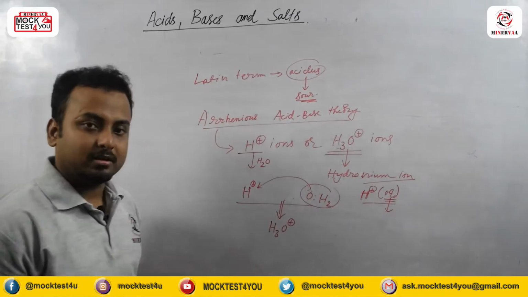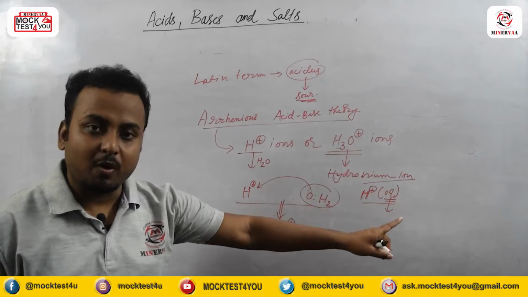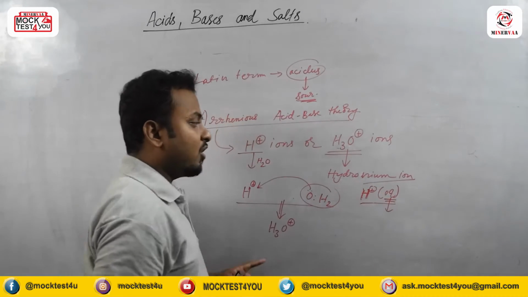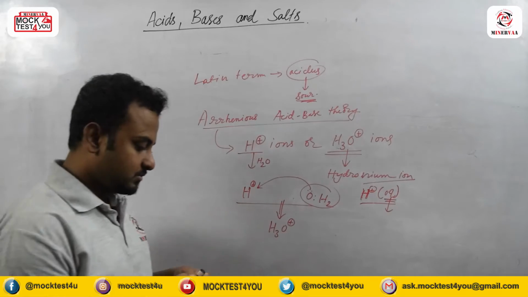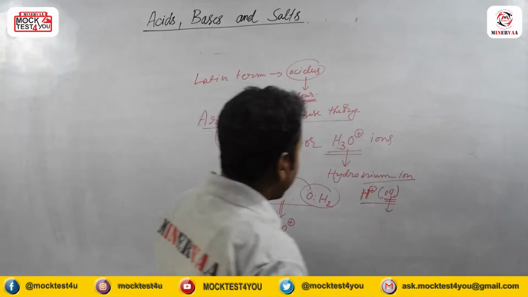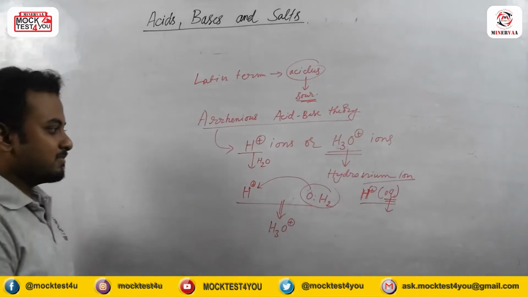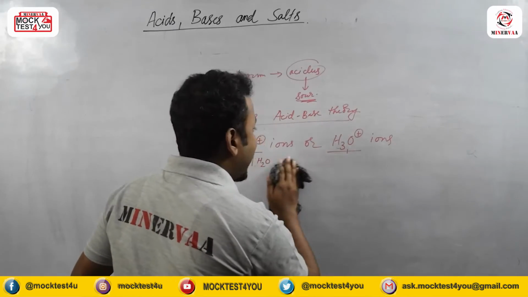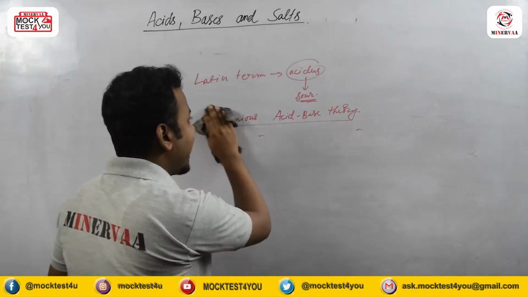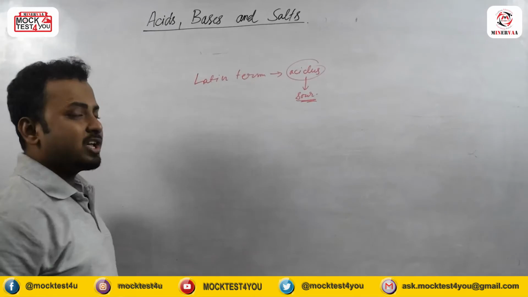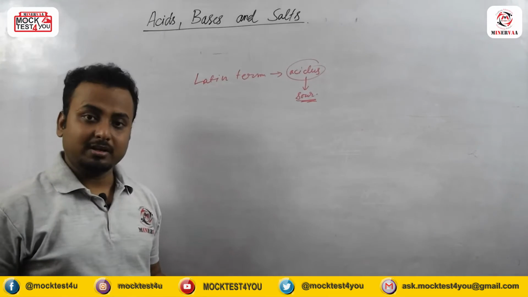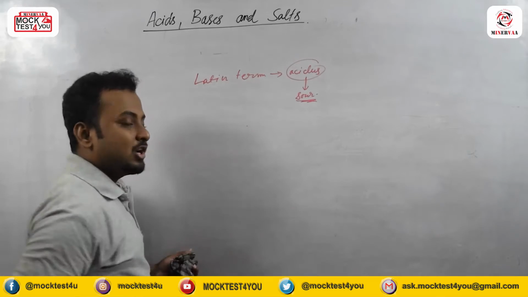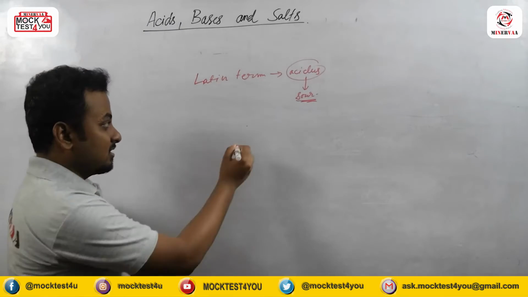In presence of water. When acid is dissolved in water, we get H plus in aqueous solution, or hydronium ion, right? So this is all about the Arrhenius theory of acid-base, which states that an acid, when ionized, will form hydronium ion. And how will hydronium ion be formed? In presence of water. That means if water is not present, acid will not behave as an acid, right?